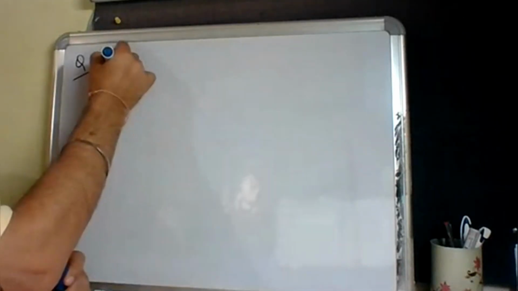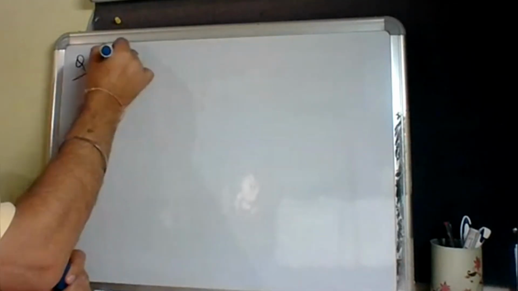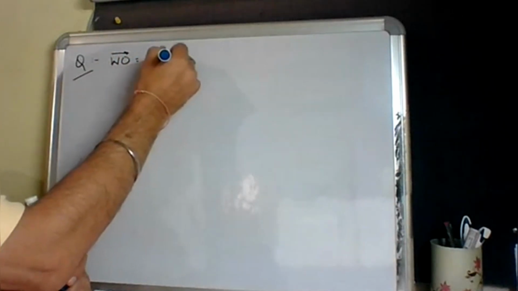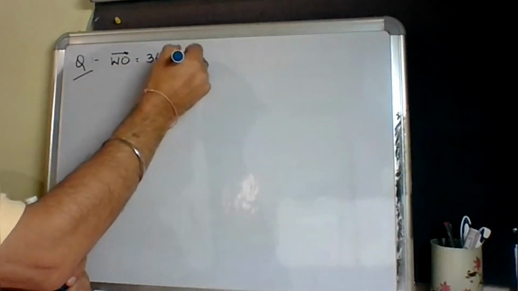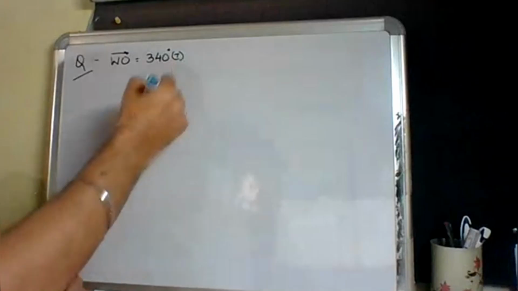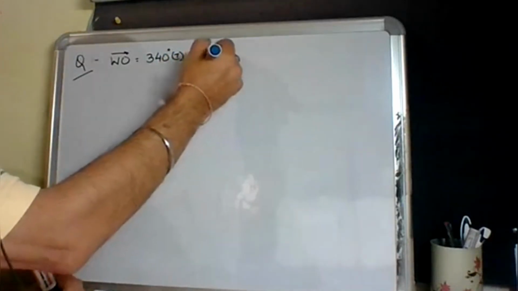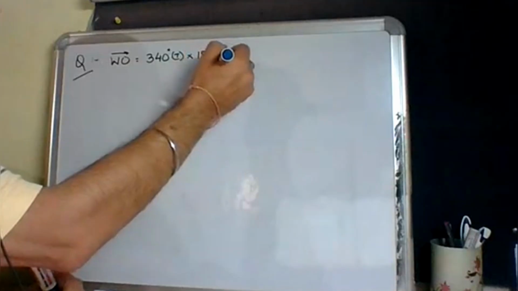Question. So let's take a question. Ownership's course, so ownership is WO. Take a question. 340 degrees true, 15 knots.